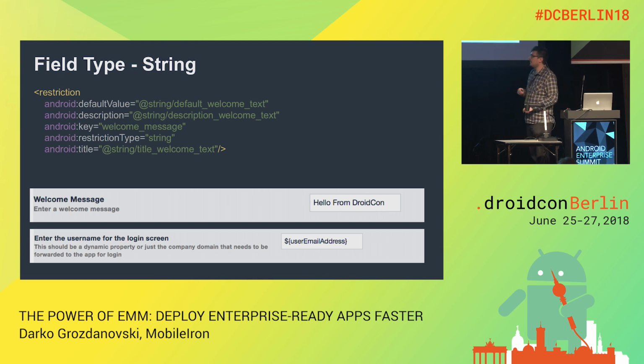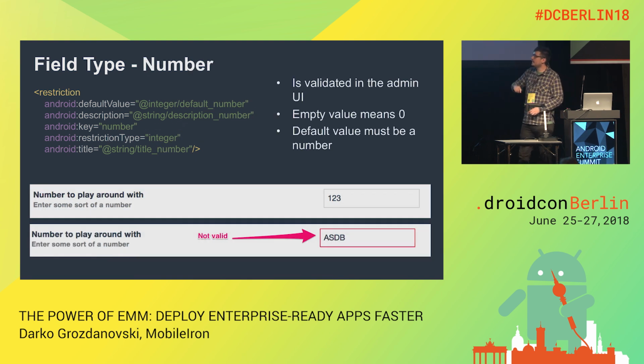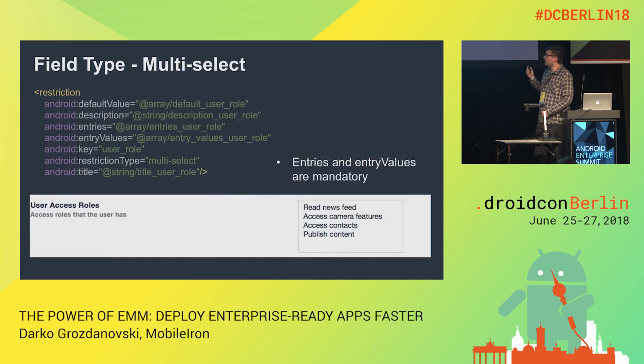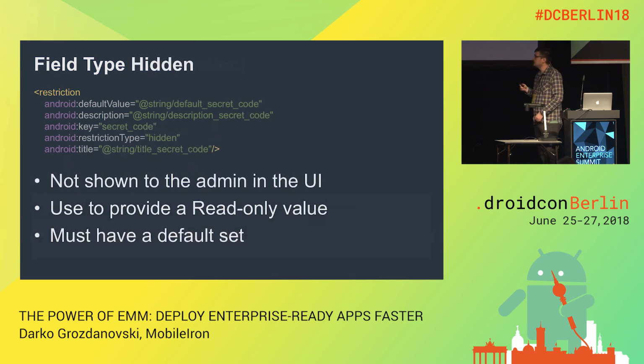in this attribute. Things like a number input would also be validated on the server, on the admin side. You would be able to do drop downs. Here, there are some differences in what's required, so entries and entry values need to be specified, as well as multi-select, so you can provide the option to choose between multiple values.